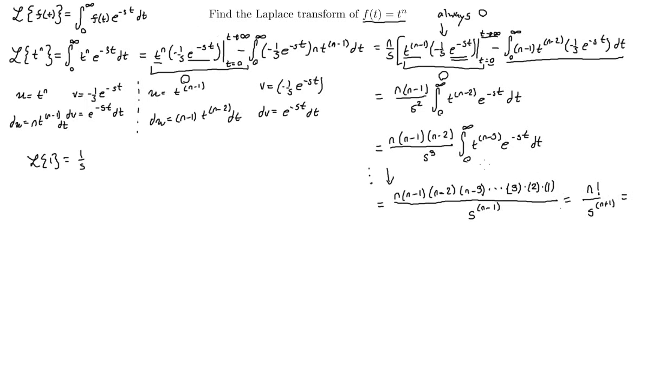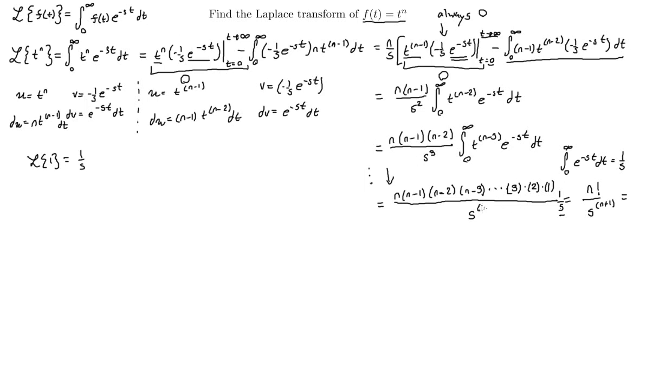So let me actually fix that. Times 1 over s, which remember, this 1 over s is going to come from when this guy dt is equal to 1 over s, right? And that's where this extra 1 over s comes from. So, oh, and this should actually be s to the n.